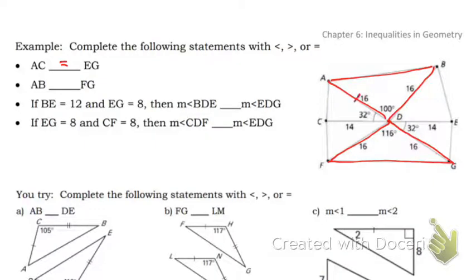Well, they have that 16, 16, 16, and 16, so they do have two pairs of congruent sides. So we're looking at the angle between them is 116 and 110, so we can use the hinge theorem. 116 is bigger than 110, so the side opposite 116, FG, must be bigger than AB. So we should have AB is less than FG.